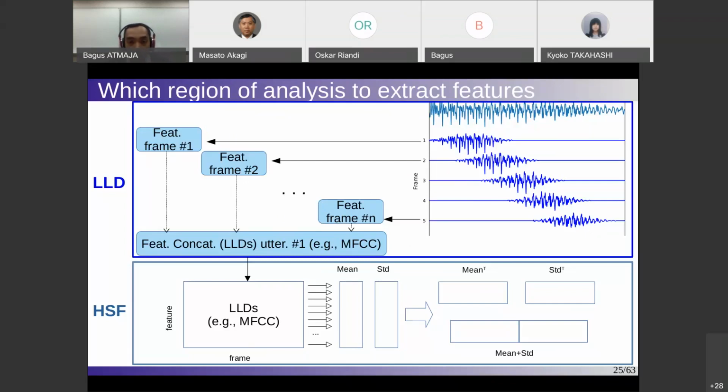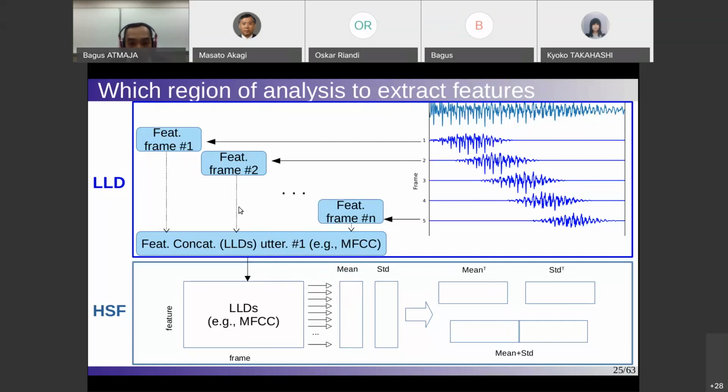It means not directly using acoustic features, but calculating some statistical functions. In this case, I propose to use mean and STD based on the previous research. So if one frame has 100 features and there are 3,000 frames here, I just calculate the mean value among the 3,000 frames, resulting in 100 mean features.